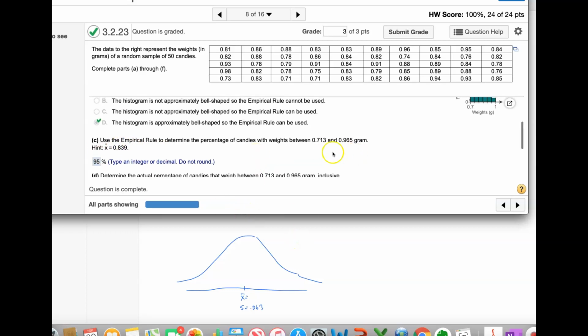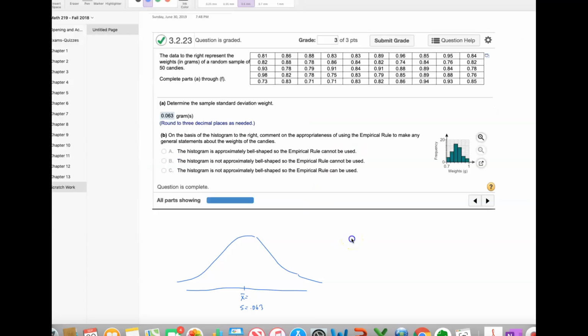And so then, answering these questions, what percent of the data is between 0.713 and 0.965? We know the center is 0.839, and then what we end up doing is marking these off by standard deviations.